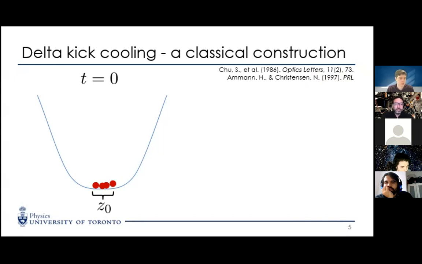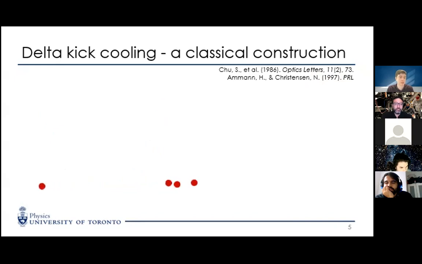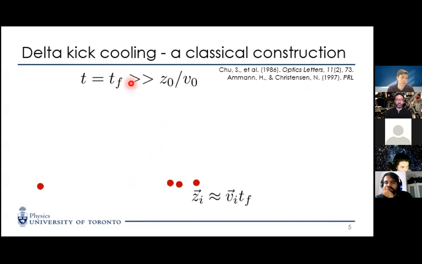If we start with this cloud of particles tightly confined at t equals 0, and we allow them to expand for a time tf, long compared to the ratio of the initial confinement to the average initial thermal velocity, then if we track the ith particle, its position, Zi, is approximately linear in the expansion time and the initial velocity.